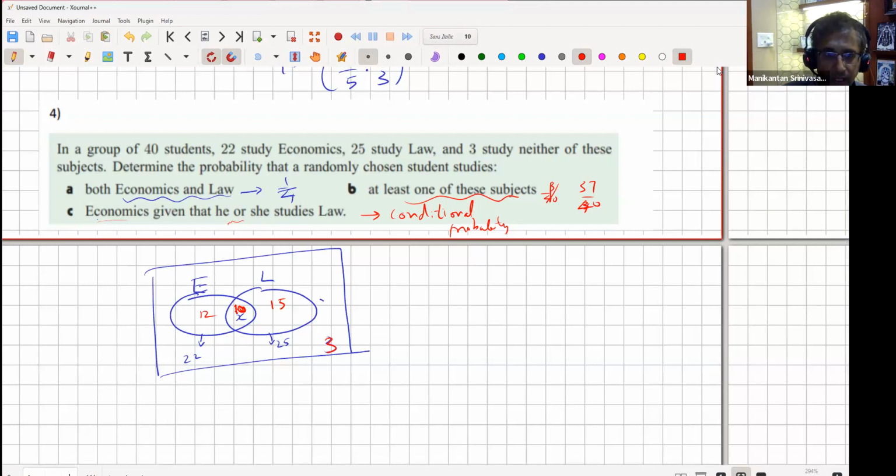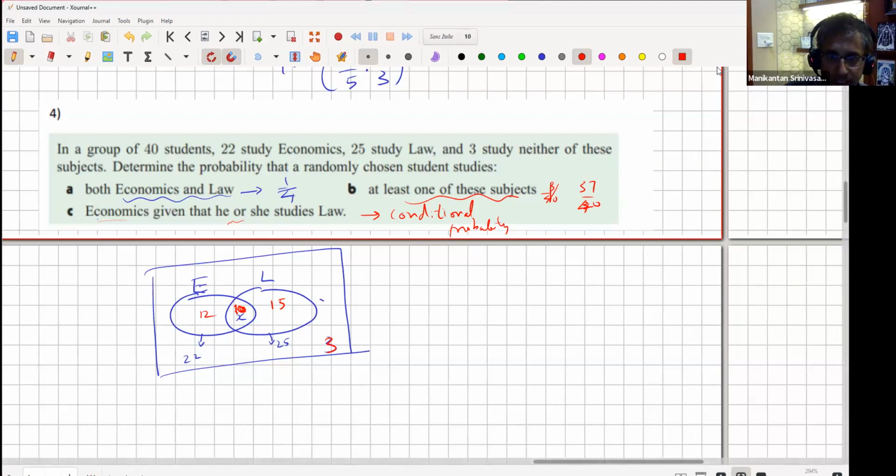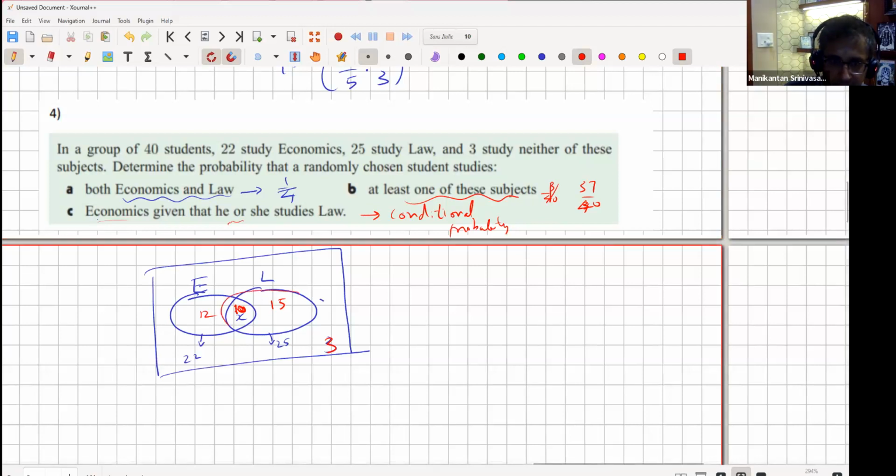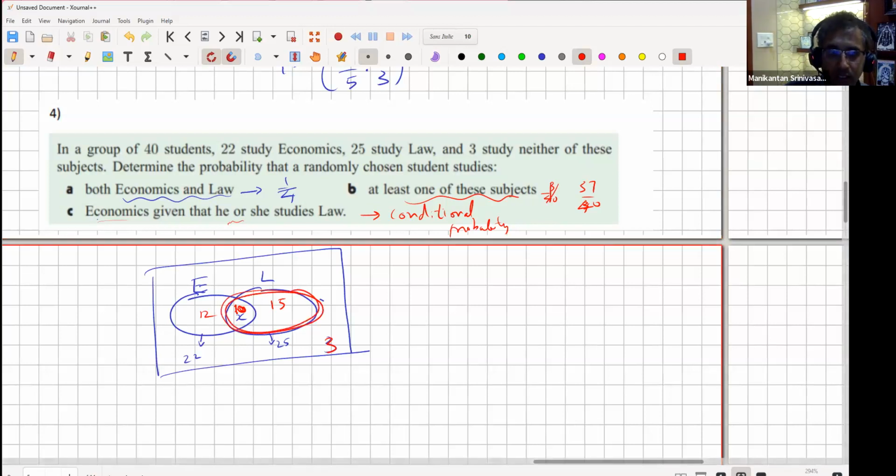Yes. Now, economics, given that he or she studies law, which means given you are in this bucket who's studying law, what is the probability that you're studying economics? So it's the 10 who are studying economics out of the 25 who are studying law. 10 who are studying both, actually. The way it's written is probability of economics given law, written like this, conditional probability.